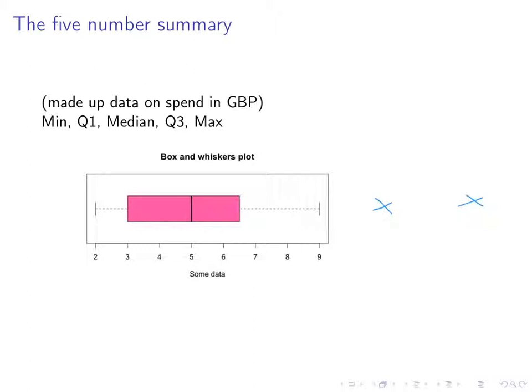If they have this visual miscue, why not just use a histogram? That's a good question for this data set. But of course, what you can do with box and whiskers plots is compare several data sets side by side. So if I had two data sets, I could have two box and whiskers plots and compare the two summaries.